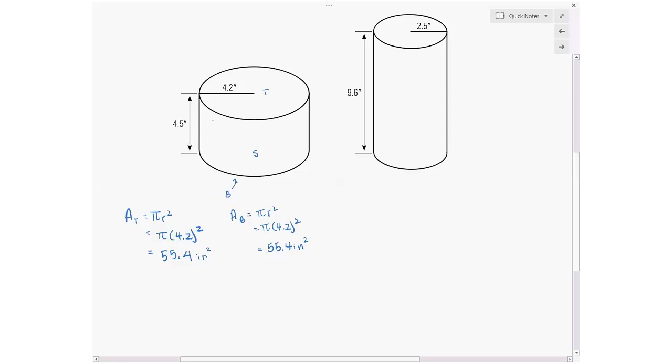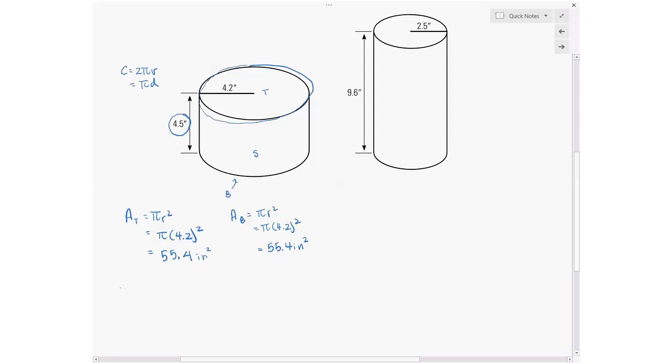Now, one dimension of the rectangle is just the height, the 4.5 inches, but the other one, you have to remember, it wraps all the way around. So the length of this thing is the distance around the circle. Now we know the distance around the circle is the circumference, and the circumference is either 2 pi r or pi times the diameter. Now, in reference to a cylinder, we're going to use 2 pi r pretty much exclusively.